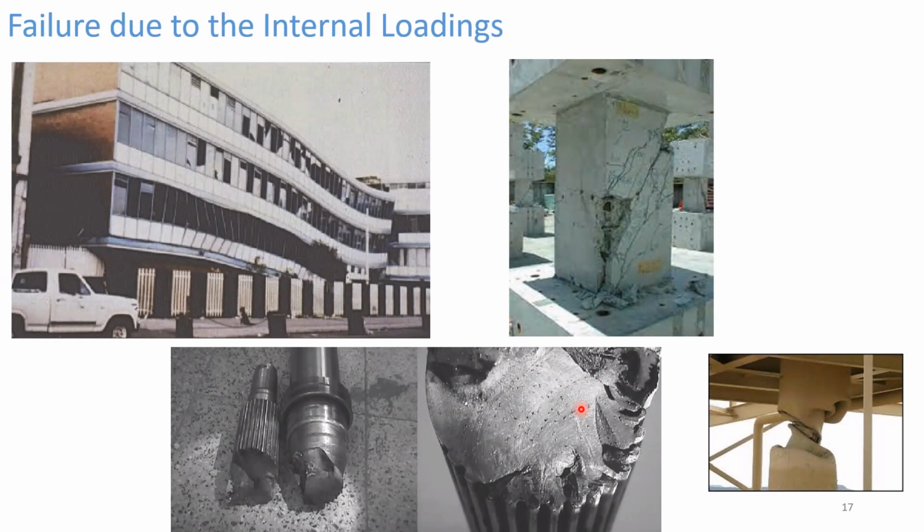Normally we call these kinds of collapses catastrophic failures. What can happen in this scenario? Normally, because of the internal loadings, it is damaged internally, the damage propagates, and finally it fails. Suddenly it failed.